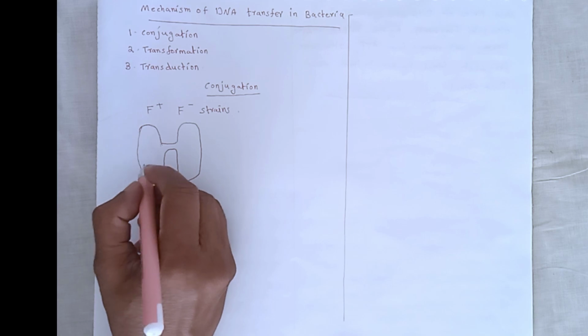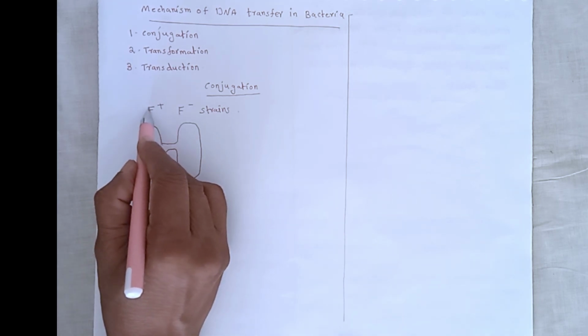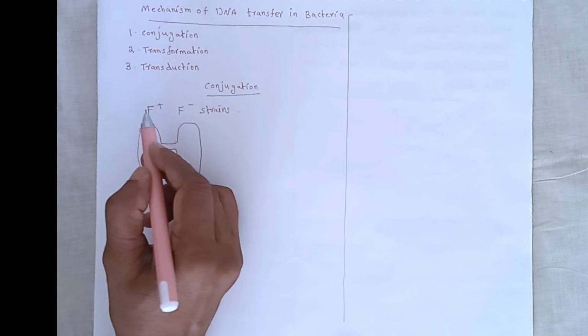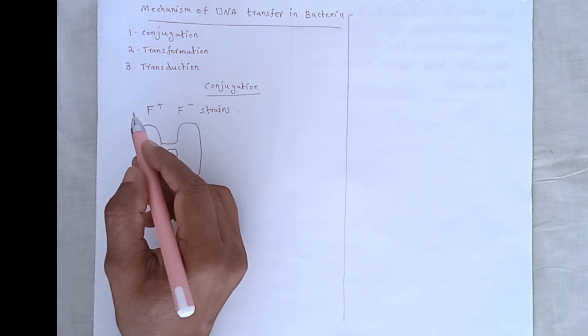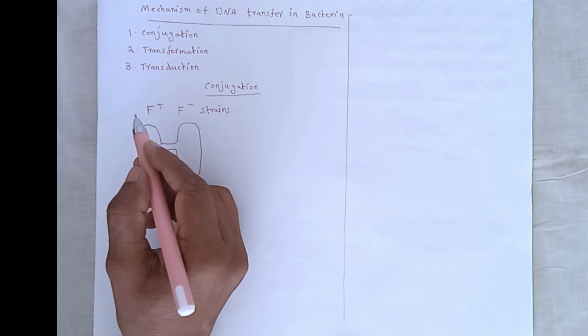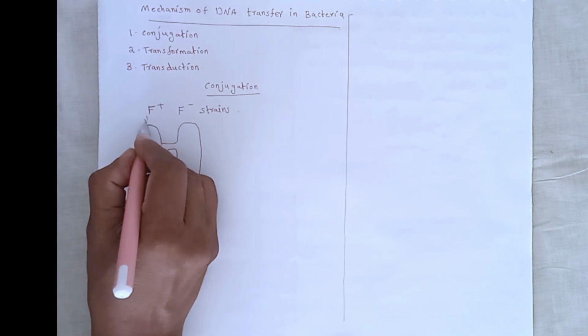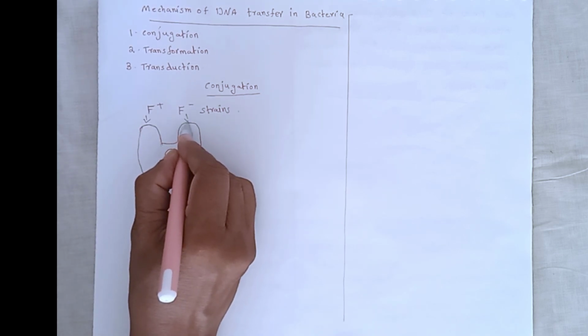Plasmid is an extra chromosomal DNA strand. The bacteria containing plasmid, or extra DNA part, is known as the F plus strain. This is the F plus strain and this is the F minus strain.